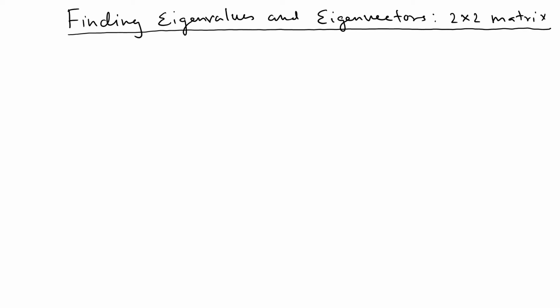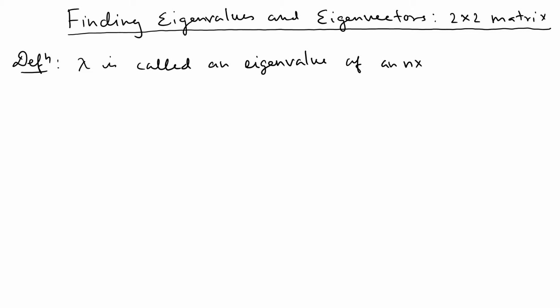So the definition: a number lambda is called an eigenvalue of an n by n matrix A if there is a non-zero vector, let's call it v, such that Av equals lambda v.